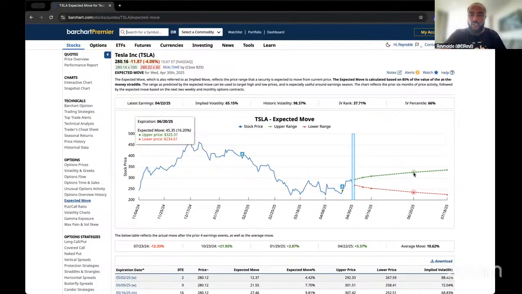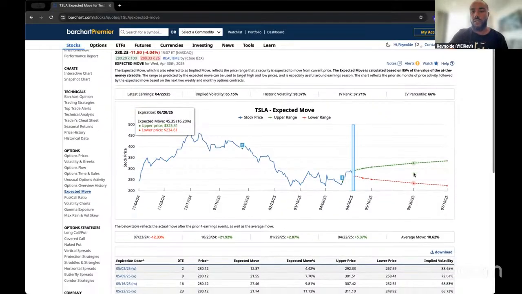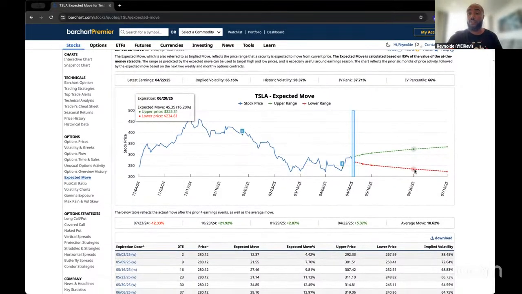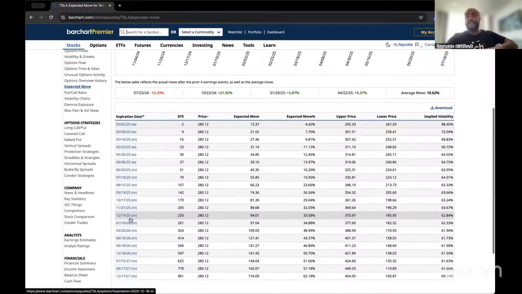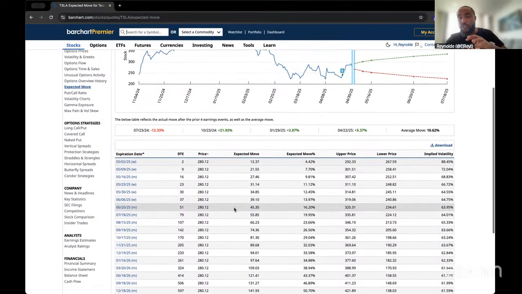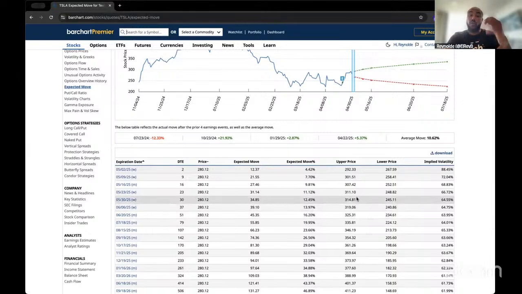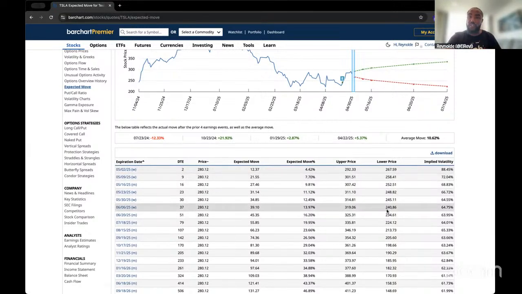So on the 620 strike, it looks like the upper range is 325, the lower range is 234. Depending on whether you want to be bullish or bearish, you can have these price ranges created based off of these option strike prices. So that's one way to look at the expiration date. And then this is another way to determine what type of strike I want within this particular range.